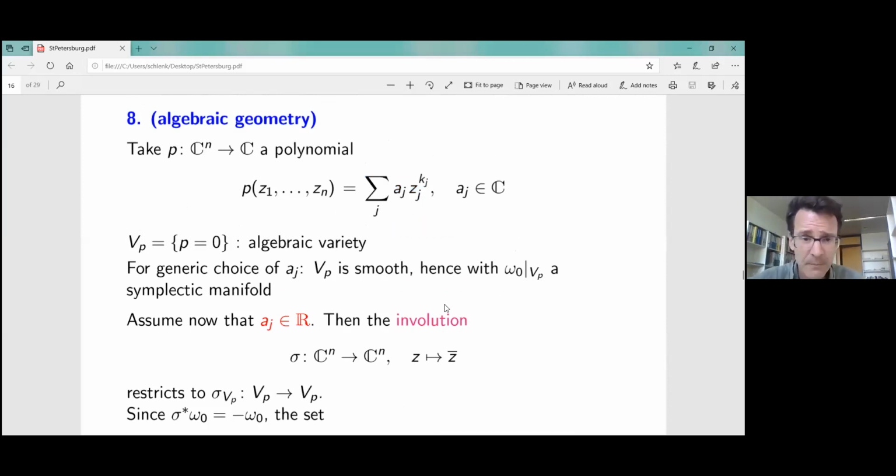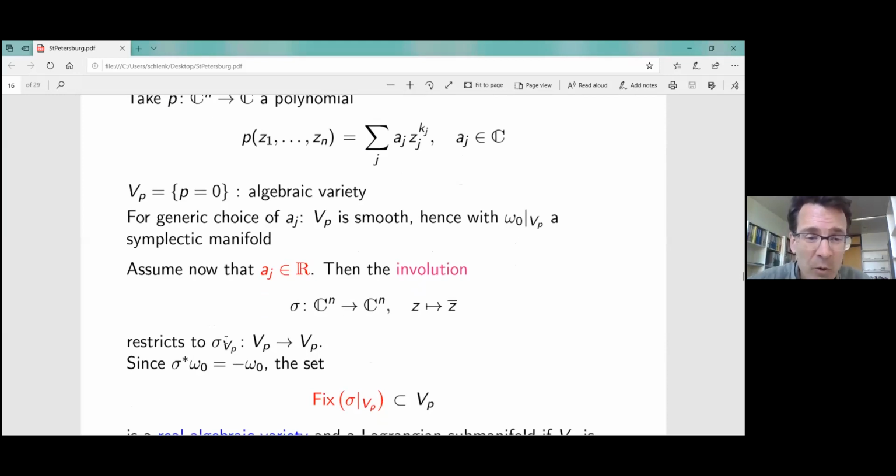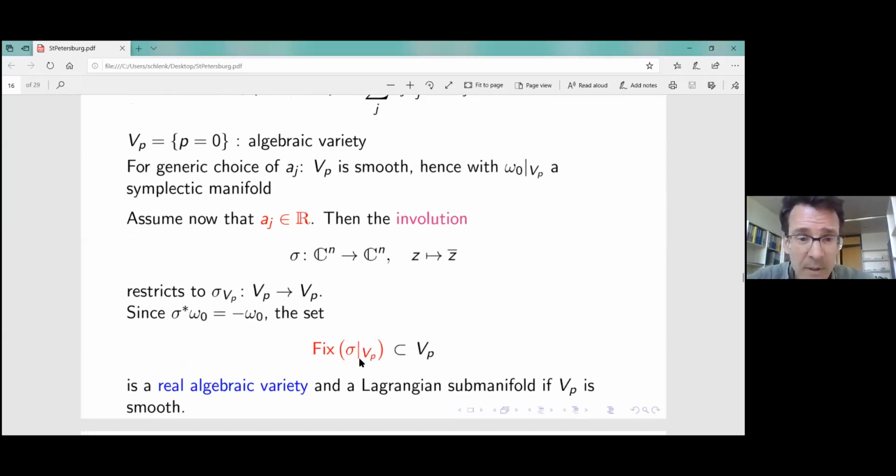So now you have an anti-symplectic involution that I called here sigma Vp. The restriction is a typo, it should be the restriction, that maps Vp to itself. This is not quite symplectic, but it changes the sign because there was the bar.